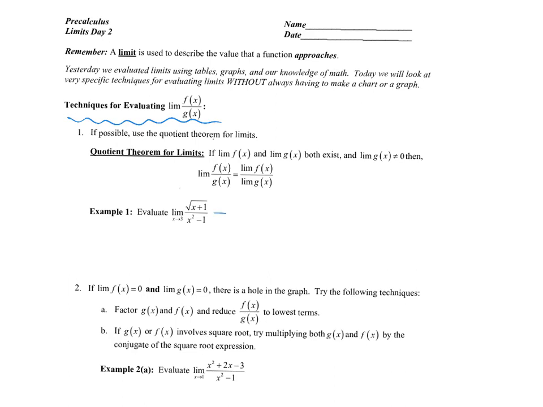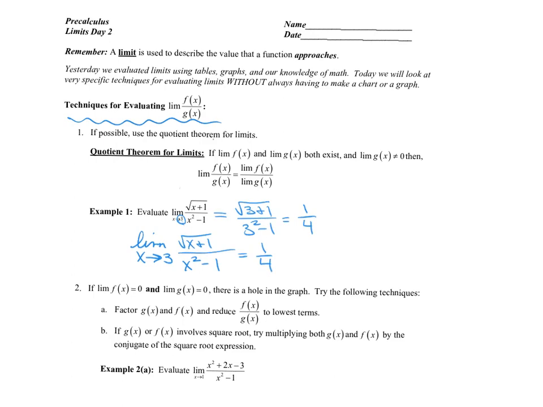In other words, in example 1, you can simply substitute 3 in for x in the numerator and denominator and evaluate. When you simplify it, you end up with 1/4. So the limit as x approaches 3 of rad x plus 1 over x squared minus 1 equals 1/4.